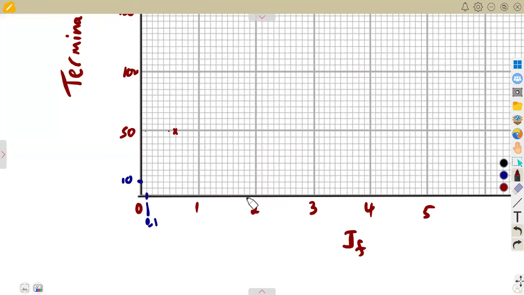1.8 on the current. That's just 2 boxes before 2. Then 150. Remember what I said, 2 boxes represent 10. So 1.8 is 2 boxes before 2. But take note, what we need is 150.